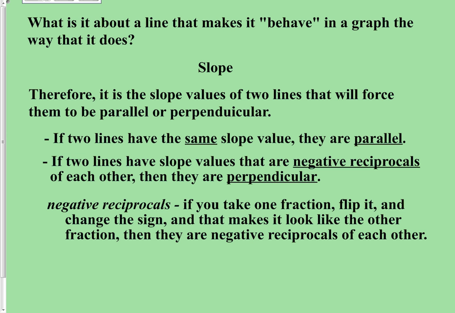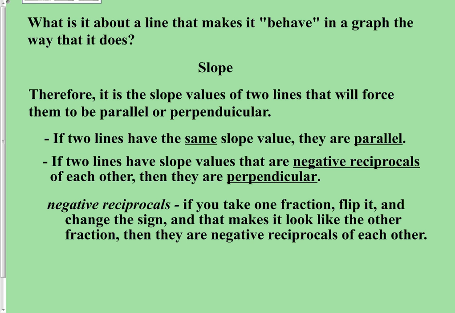But if they want to intersect and form a right angle, be perpendicular to each other, then they're going to have to intersect in a specific way. And the only way to get that to happen is if the slope values are negative reciprocals of each other. Meaning, if you take one of the slope values and ask yourself, if I changed the sign and turned the fraction upside down, would that give me the slope from the other line?